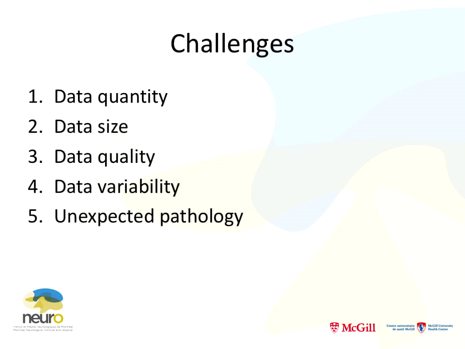Also, there is the variability of data across scanners, and EEG systems with different numbers of channels and analog to digital converters, which makes it difficult to relate. And the unexpected pathology is a huge deal.